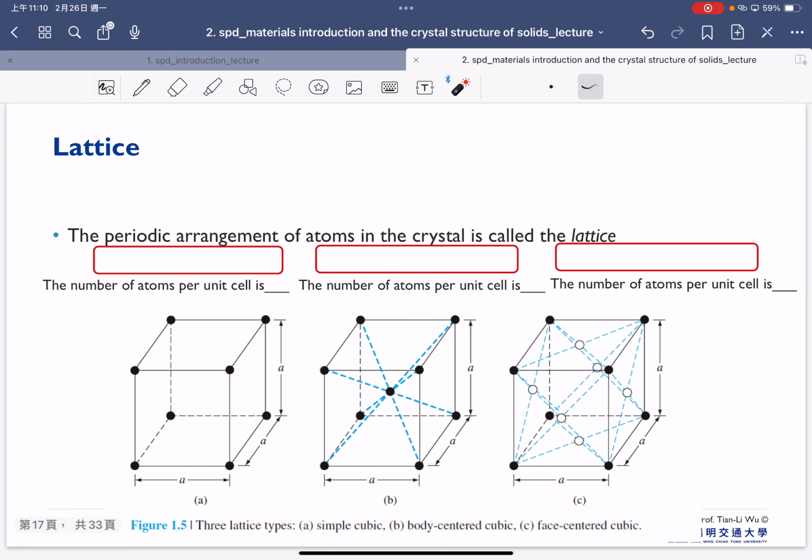And the periodic arrangement of the atoms in the crystal is called the lattice, and there are several different arrangements for the lattice. The one shown here we call a simple cubic.